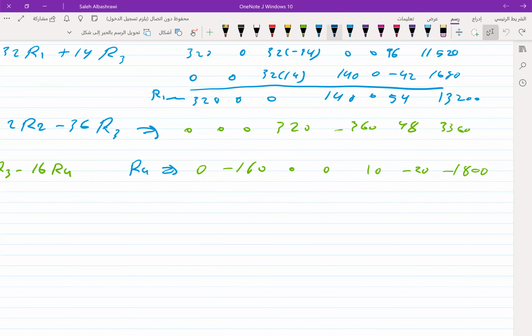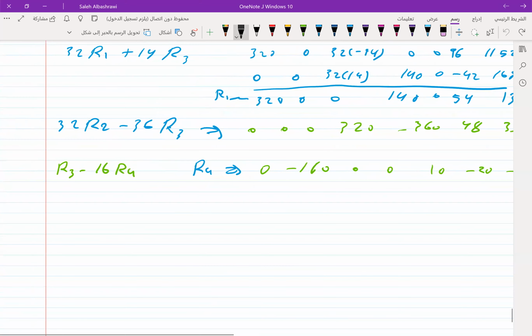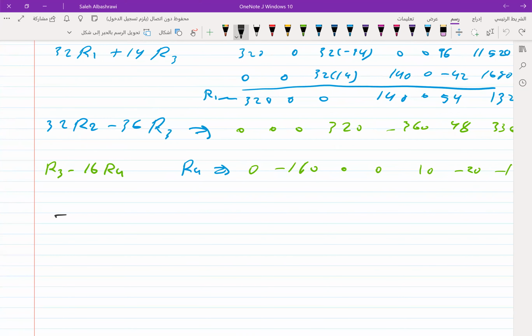So the matrix will be 320, 0, 0, 140, 40, and 13,200.